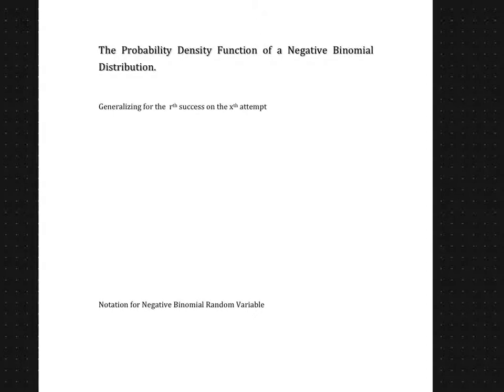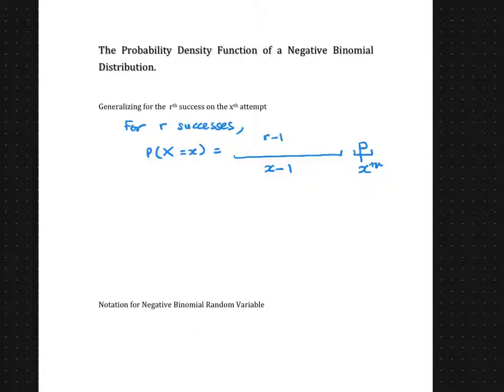So for r successes, P(X = x) will be equal to, you will have the last one here, the xth attempt will be a success, and we will have x minus 1 previous attempts, and we want r minus 1 successes.